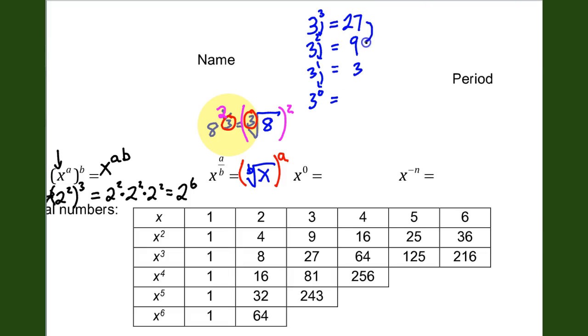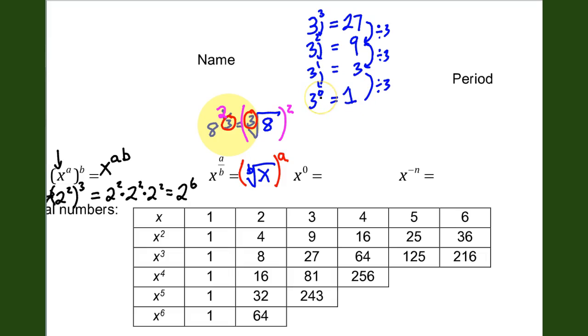How do we get from 27 to 9? Divide by 3. From 9 to 3? Divide by 3. So this, by doing it again, will give us for sure what 3 to the 0 should equal, because I'm just following a pattern, not because I believe it or because I think it. So 27 divided by 3 is 9, 9 divided by 3 is 3, 3 divided by 3 gives us 1.